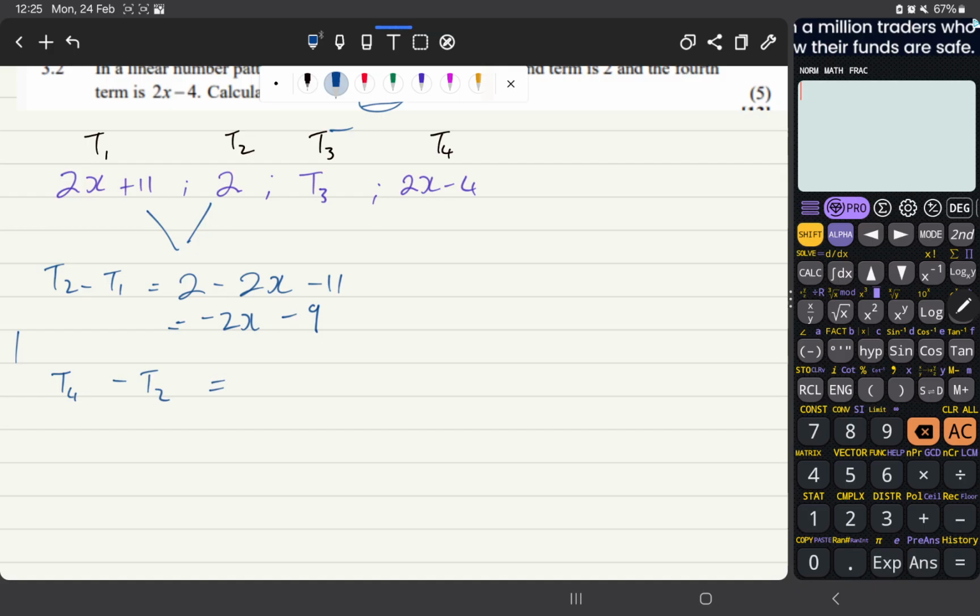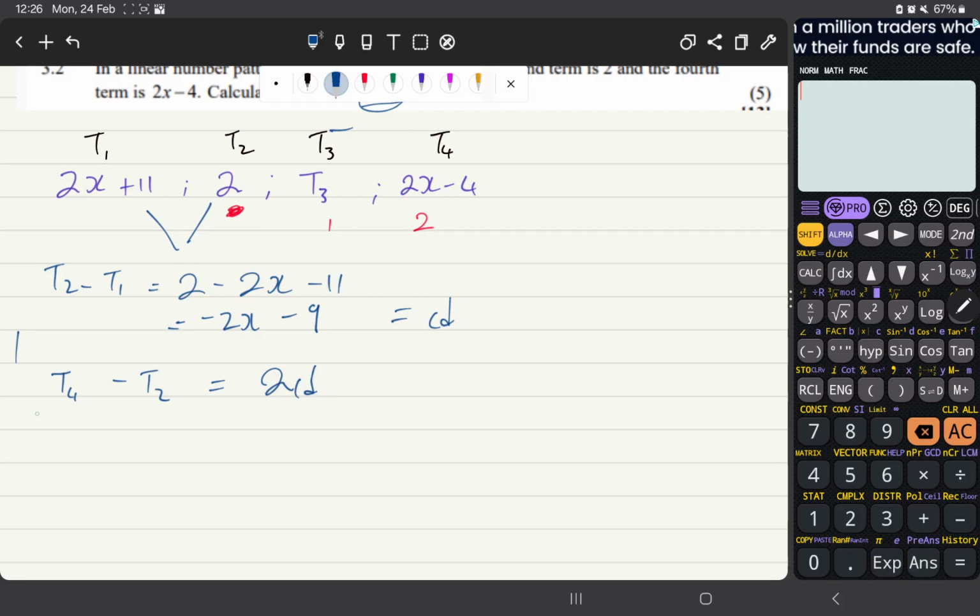The question is, what answer are you expecting? From term number 2, we go 2 terms to get to term number 4. So we are expecting a 2D. By the way, we know that this is D, because it's the common difference. We've been using CD.